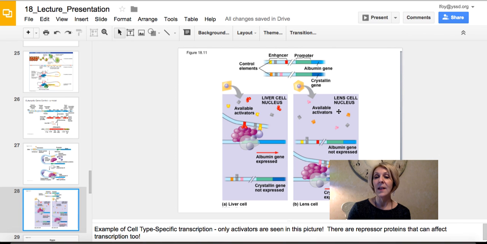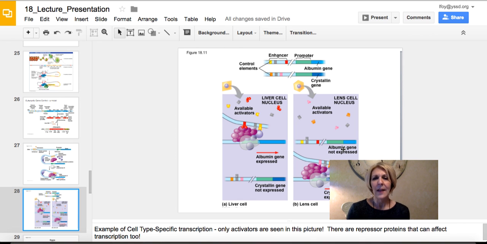So in the lens of our eye, one of the proteins that we need is a protein called crystallin. So our liver cells have the gene for crystallin, but they don't make crystallin. And our lens cells have the gene for albumin, but they don't make albumin.